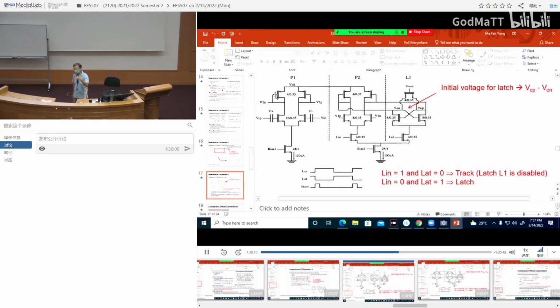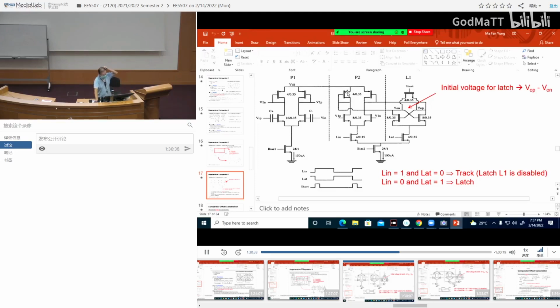Remember your op-amp gain was gm times ro, and ro was assumed to be big. Now you have a very simple load, which means that your ro is not so high, it's 1 over gm. That means the gain of one stage is limited already. That's why you need 2 stages, so that the gain is A1 times A2.